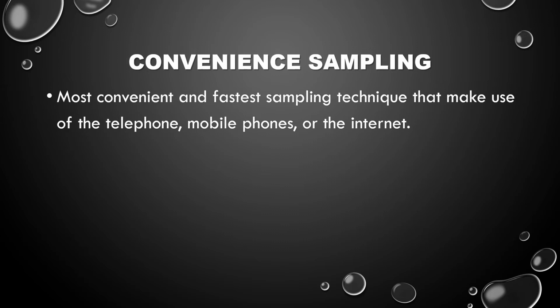So the social media is the best tool for convenience sampling. If you happen to see internet polling, more likely if you have Facebook, then some of you might encounter polling. Now that is an example of convenience sampling.